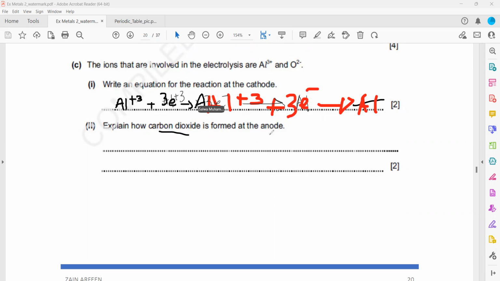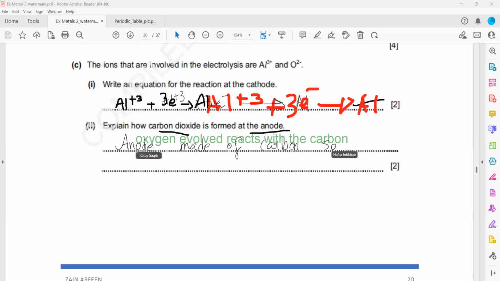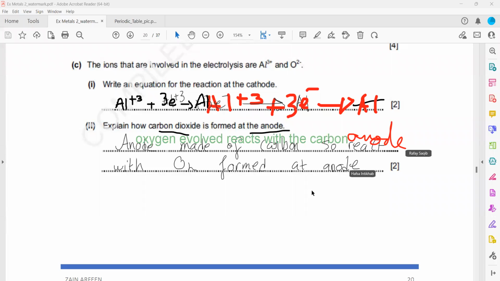And why is carbon dioxide formed at the anode? Because the anode is made from carbon. Oxygen evolves and reacts with carbon. So carbon reacts with oxygen to form carbon dioxide.